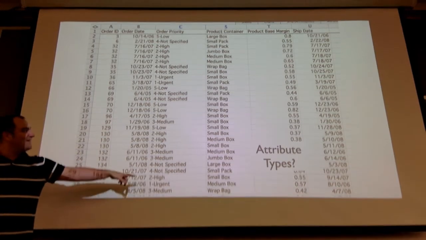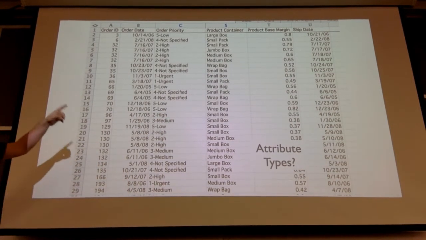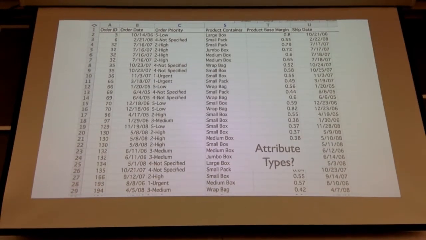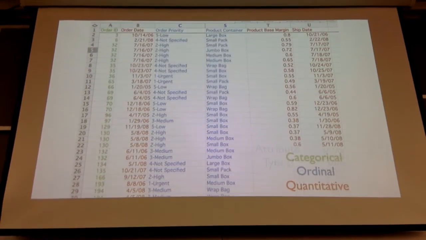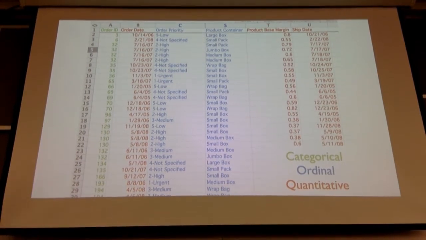Here we have order priority. Ordinal, yes. Product container. Ordinal. Product base margin. Ratio, correct. And then ship date. Here I'm actually not distinguishing between ordinal and interval.